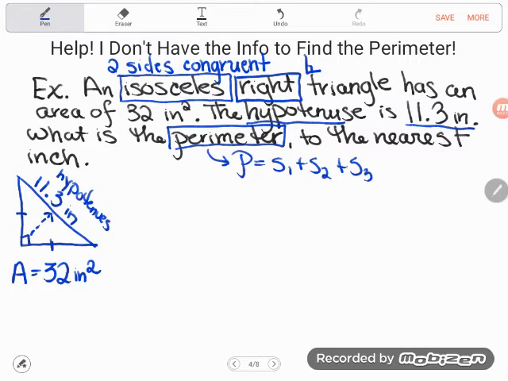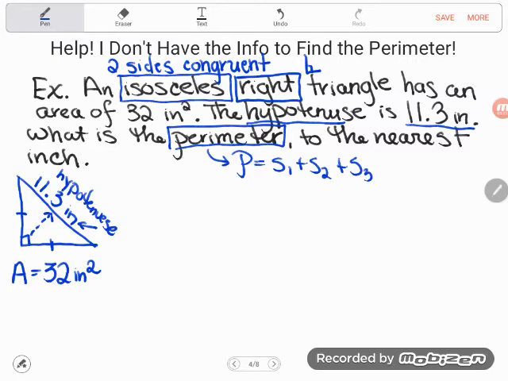Perimeter basically is just all the sides added up, the length of all the sides, giving me the total length around the shape. I would do it the same way, I would just add up the three sides, but the problem is I don't know the three sides. I know one of the sides, I know the hypotenuse, but I don't know the length of those legs.